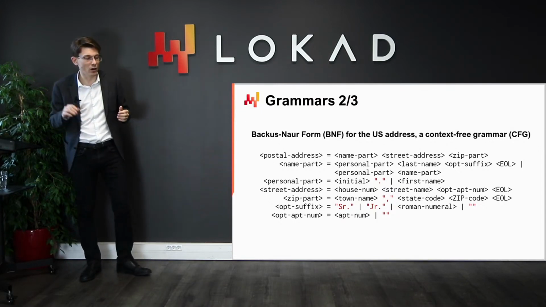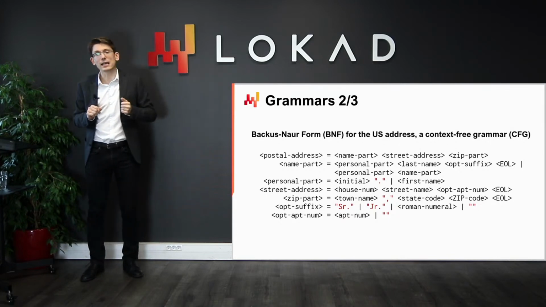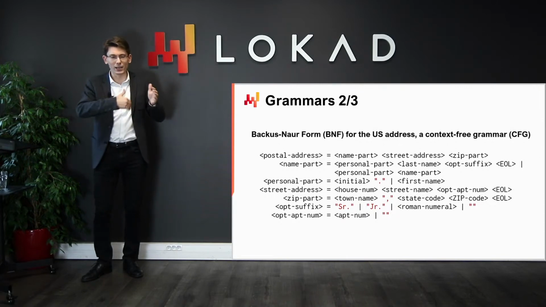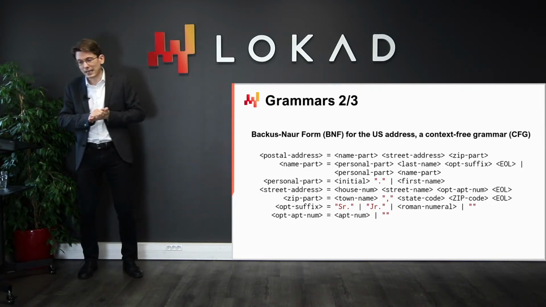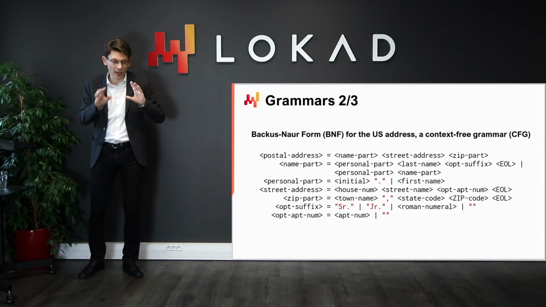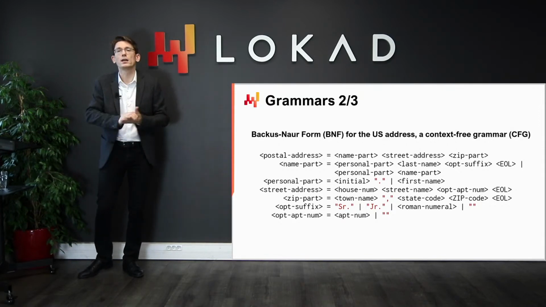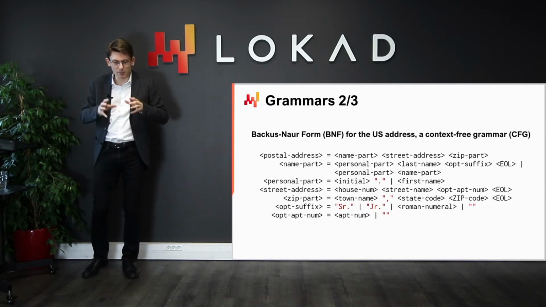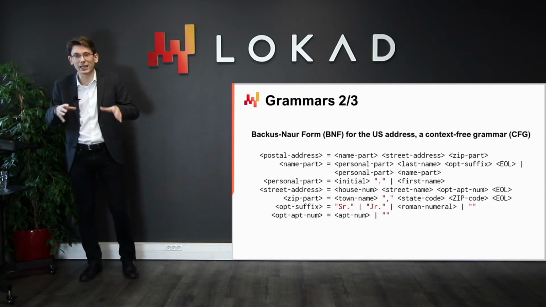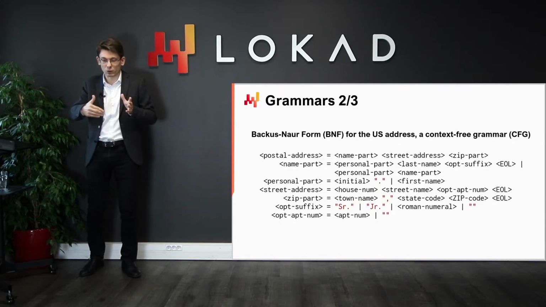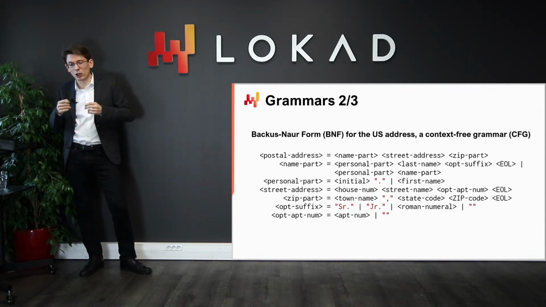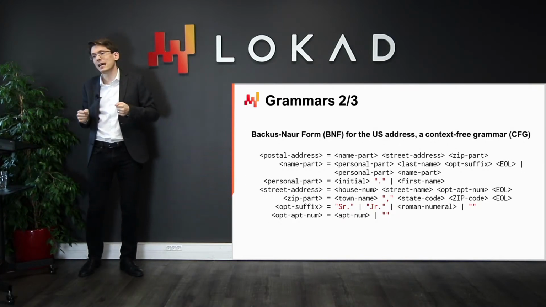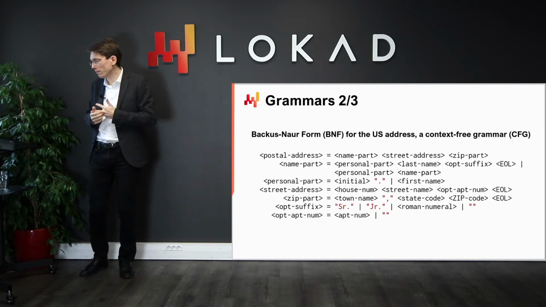What you have on the left is a non-terminal symbol, and what you have on the right of the equal sign is a sequence of terminal and non-terminal symbols. The terminal symbols are in red, and they represent symbols that cannot be derived any further. That's why they're called terminal. And then the non-terminal are all those symbols within brackets that can be derived further.